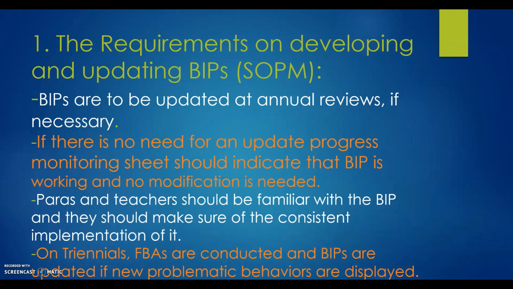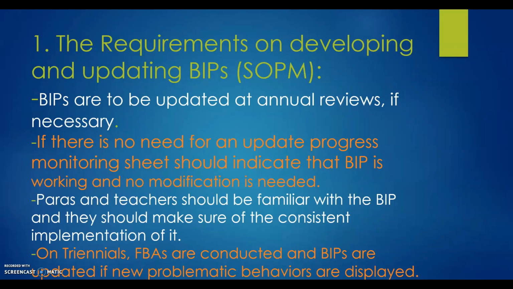After 3 years, we see a lot of changes in students' behaviors, and therefore we need to see if behavior intervention plans are still necessary or not, and if they are, what behaviors we are trying to target at this point.